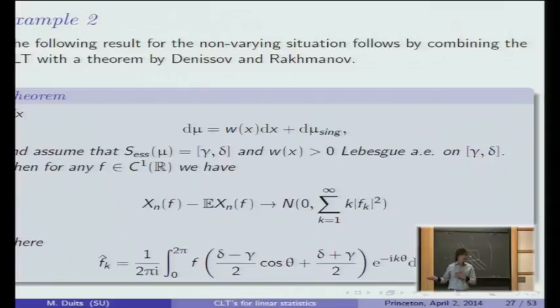So you have a central limit theorem. This is quite general, because we can even allow a singular part in the measure. Even with very weak regularity, you have a CLT.